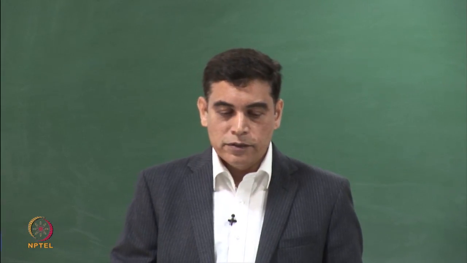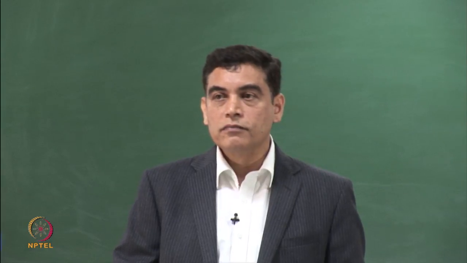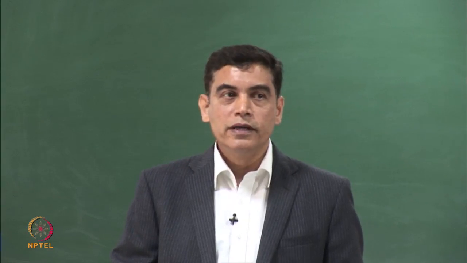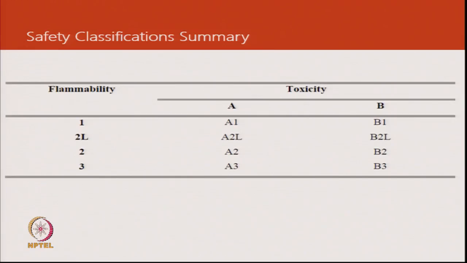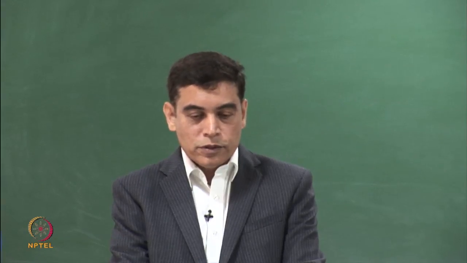And then there would be the ones which are toxic, with B1 having no flammability, and B2L, B2 and B3 being the ones which have flammability in varying degrees as per the standard. When we are designing a product, we normally have to comply with the standard. So we would also need to be aware of those standards, which we will come to in a minute.